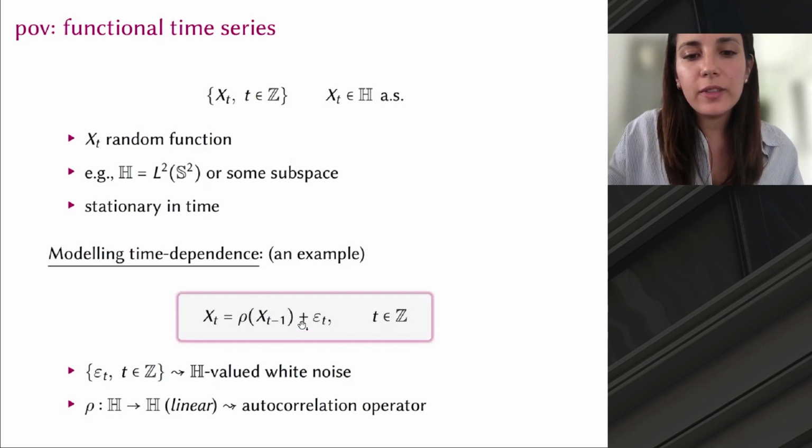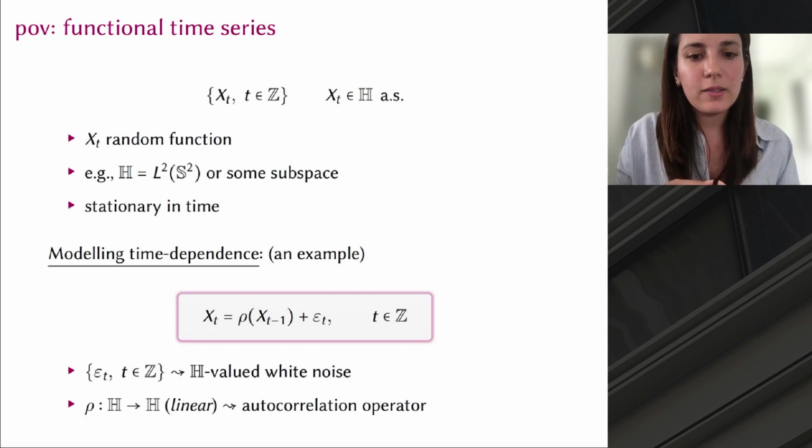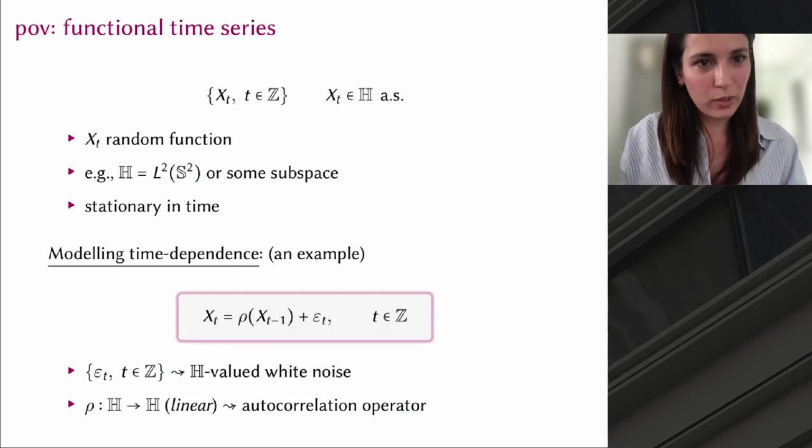And we have then this part which relates the function of the observation at time t-1 with the functional observation at time t. This rho is a linear and bounded operator from H to H, and since it is linear, it really represents the linear dependence between yesterday, let's say, and today.